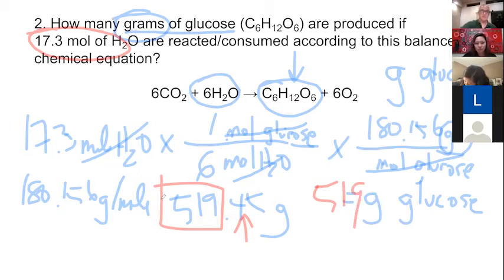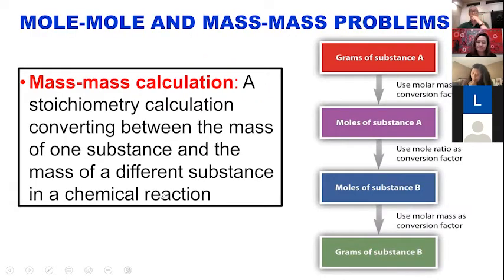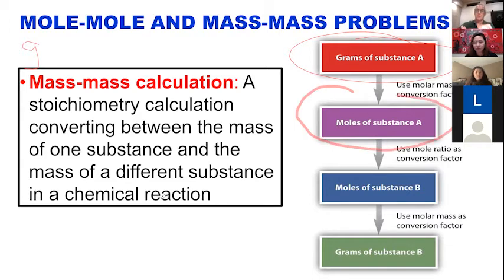Excellent. So when you're doing these mass calculations, that means you're going to be doing a lot of conversions. Basically, you're going to be starting with grams of substance A, whether it's a product or a reactant. You convert that to moles of substance A. Then you use the mole ratio from the balanced equation. That's why the balanced equation is so essential.